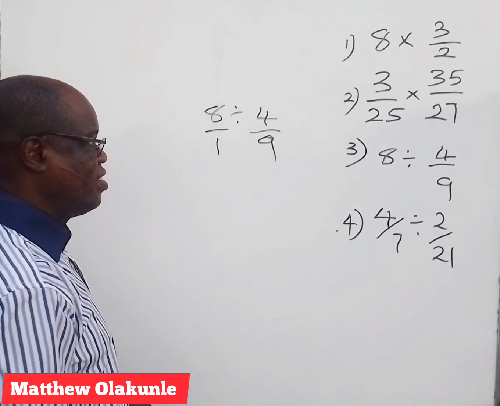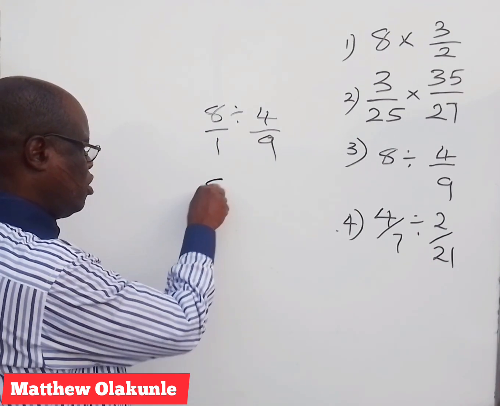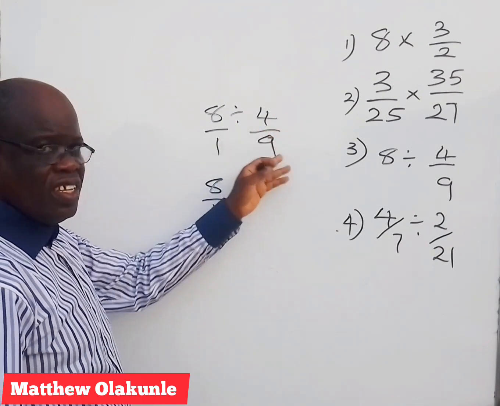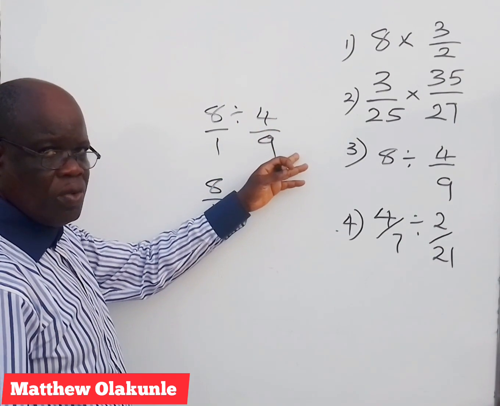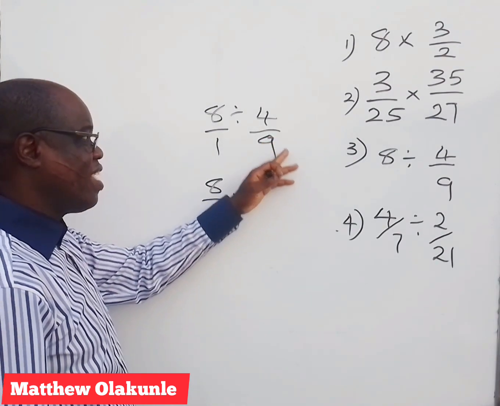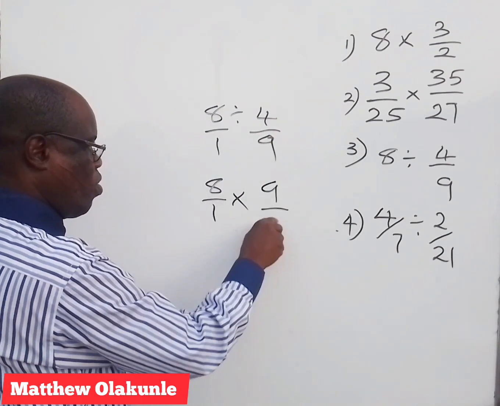The second thing is that you change this one to multiplication, and then you flip this other fraction. What I mean by flipping is that you find the reciprocal of 4 over 9, which is 9 over 4. So this 9 will go up, 4 will come down.